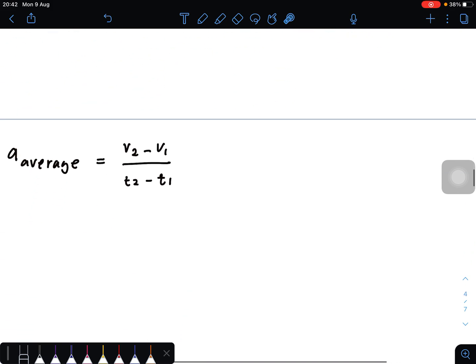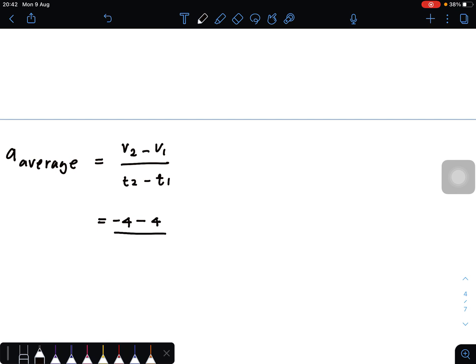Okay, so 40, negative 4 minus 4 divided by 40 minus 20. So you will get negative 0.4 meter per second squared.